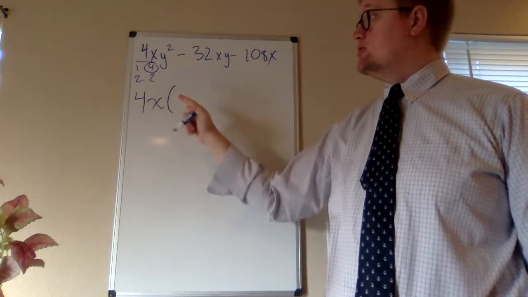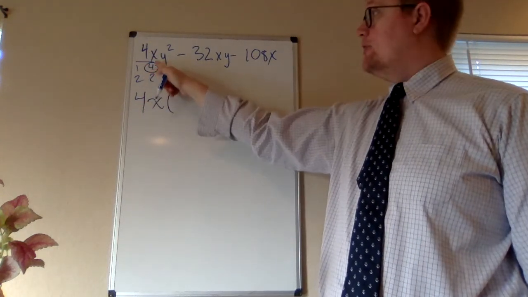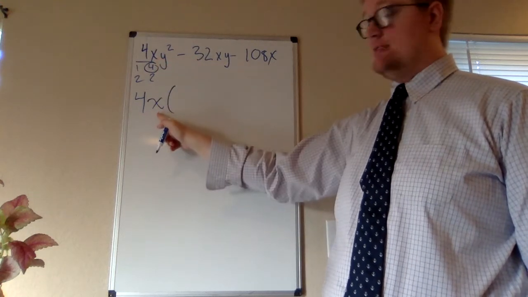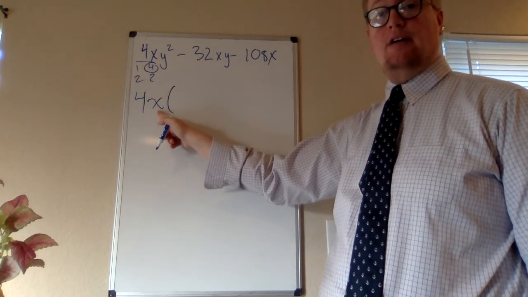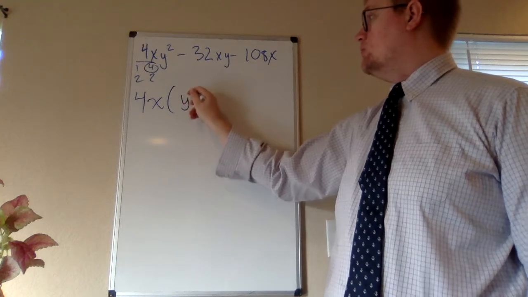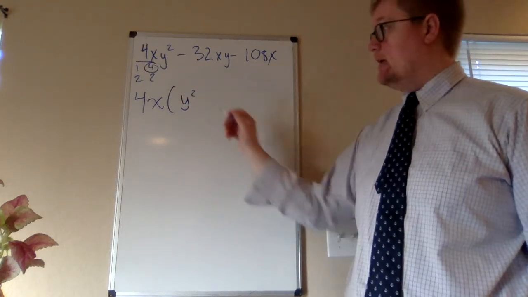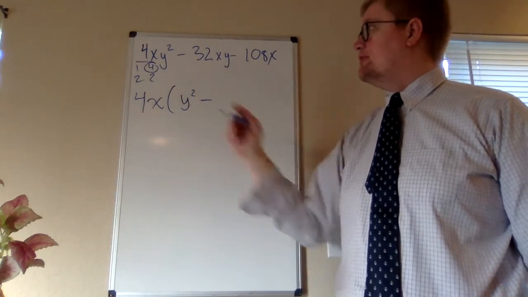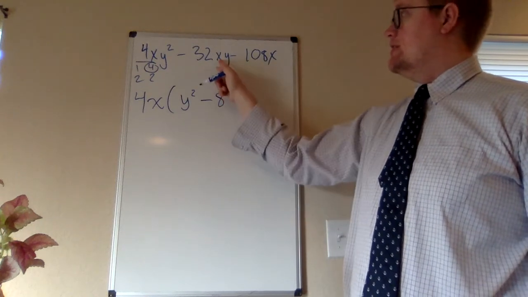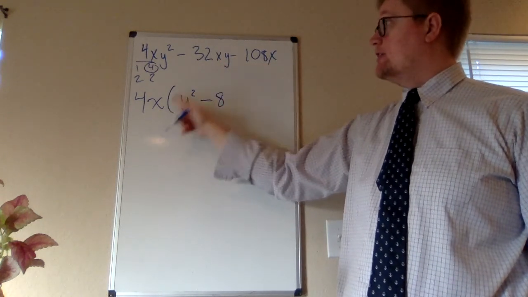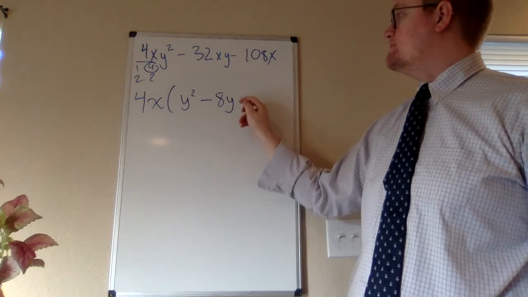4 divided by 4 is 1. If I have 1x and 1x gets pulled out, there's none left, so I'm left with just y squared. Minus 32 divided by 4 is 8. I have 1x here, and it gets factored out, and I'm left with y.